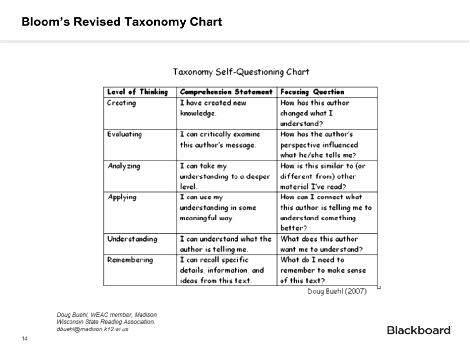This is the progression that we might follow with our students. We might begin with remembering, what do I recall about this text, and then move up to creation. I've created new knowledge from what I have learned. And this is the progression that we might follow in our development of questions.